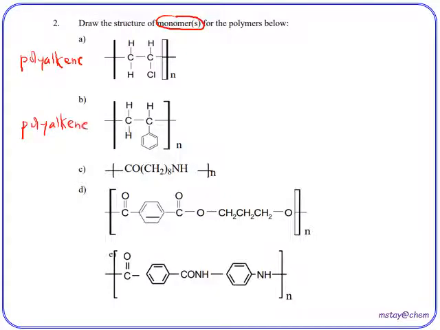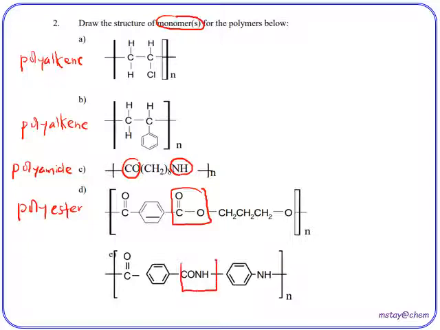While for structure C, we can see there is C double bond O and we can see there is NH, so this one is polyamide. Next one, we can see that there is C double bond O and O, so this is polyester.